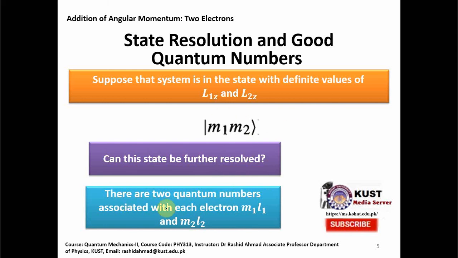We know that there are two quantum numbers associated with each electron, that is m1 and l1, where m comes from the Lz and l comes from the L, and m2 and l2. Let's see what this further measurement does, because in this state we have used only the z components and we have not used the angular momentum. Let's say we bring in the measurement of L1 and L2, what happens to this state?